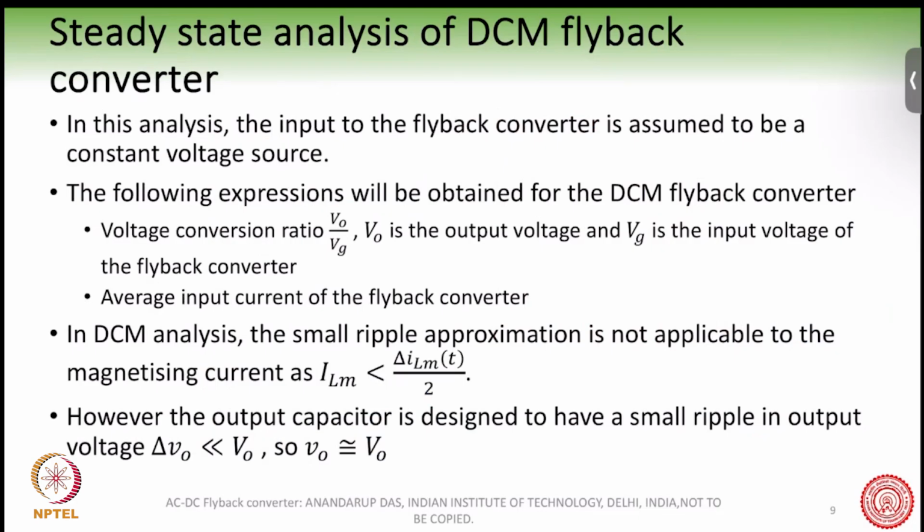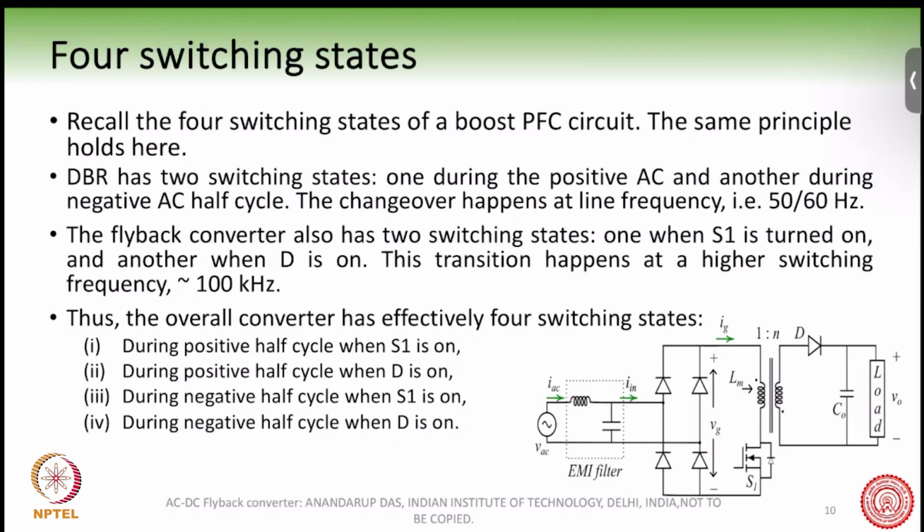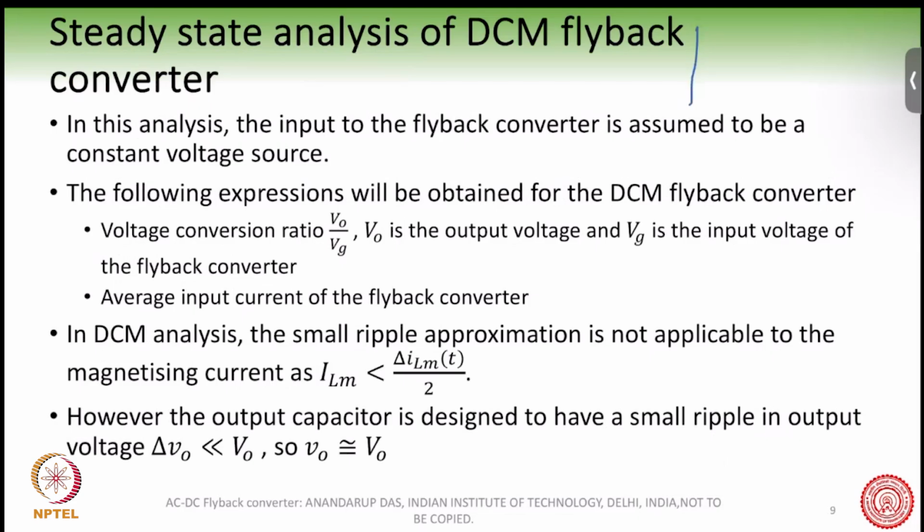Now, when we want to do the steady state analysis of this converter, we can assume that it is being fed from a constant voltage source. This is obvious, because one must understand that our input voltage is something like this, as I was telling.